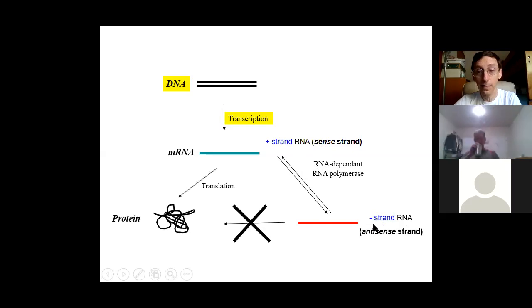Any questions about that? And that is how a negative strand RNA virus replicates itself. Any questions about how viruses replicate and how they translate viral RNA into viral protein?